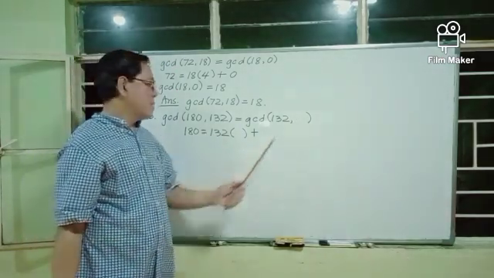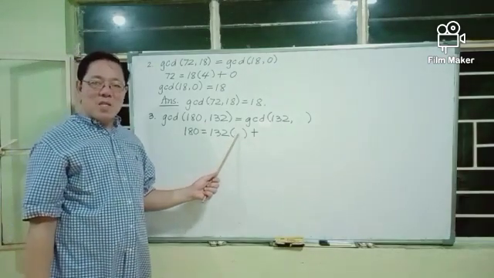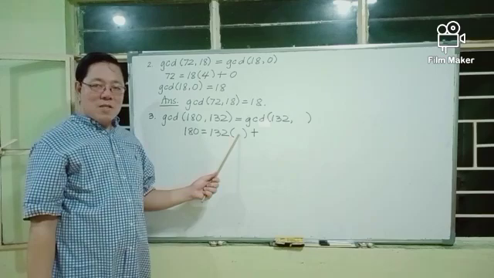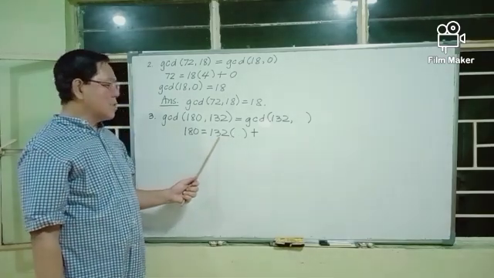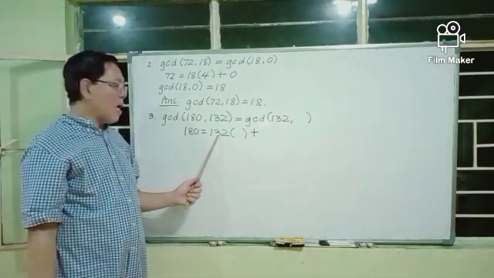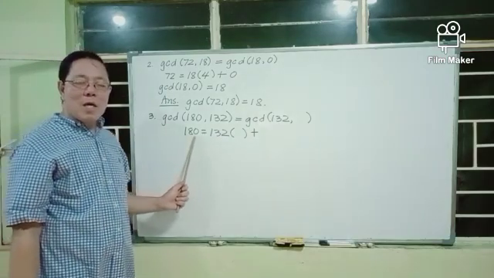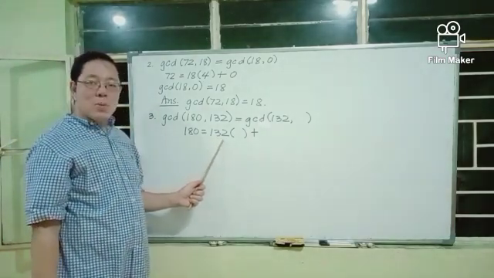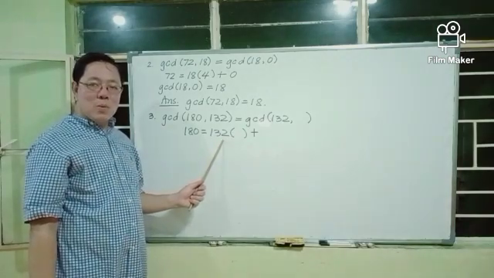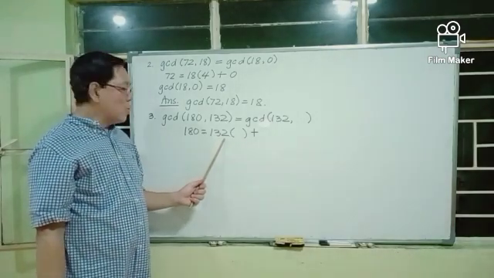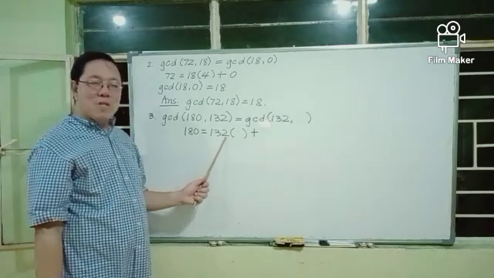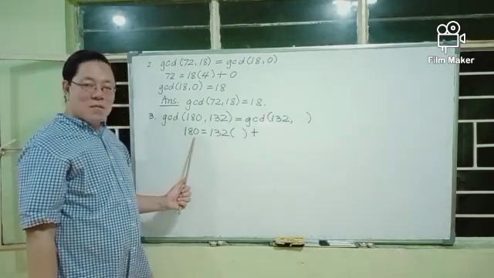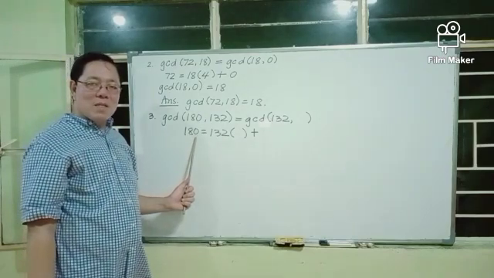Now think of the largest positive integer such that when you multiply it by 132, the product is either exactly equal to 180 or less than 180. And we cannot use 2 or greater than 2. Suppose you try 2, you get 132 multiplied by 2, which is 264, and 264 is greater than 180.